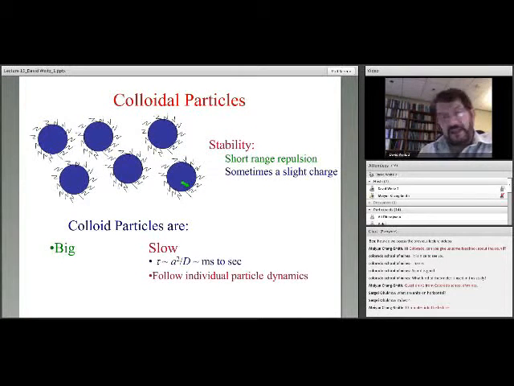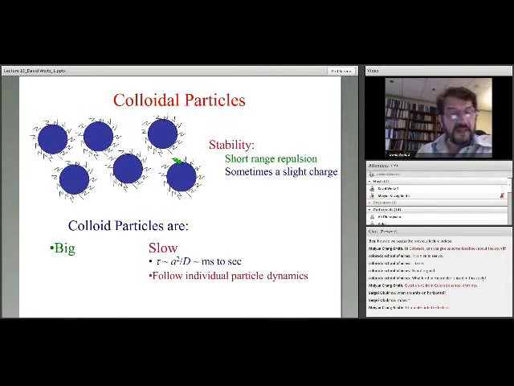So the phase behavior is in many ways, not completely, but in many ways similar to what you get with normal solids. So you can actually use colloidal particles as a beautiful model system to study, in a statistical sense, the behavior of more traditional solids, the advantage being that you can see the individual particles and follow their specific dynamics.